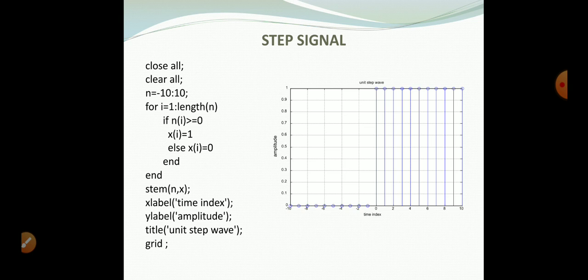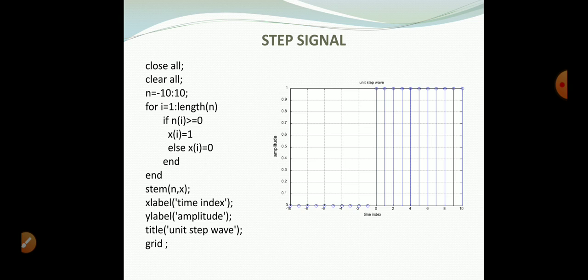For i equal to 1 to length of n, if n of i is greater than or equal to 0, x of i equal to 1. We know for a unit step signal in the positive axis, its amplitude will be 1. Else, x of i equal to 0, and end.